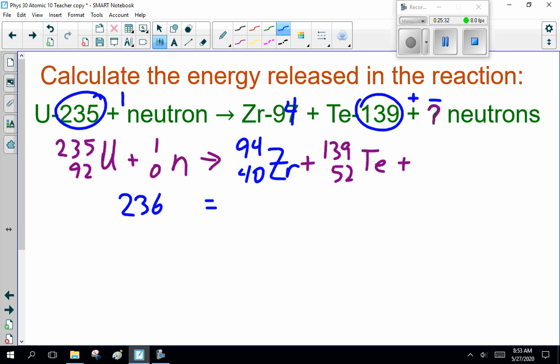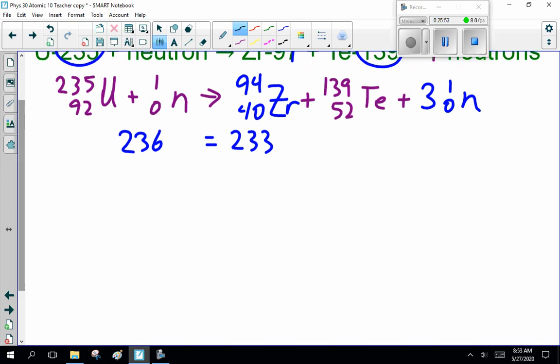And how many nucleons do we have over here? 94 plus 139 is 233. Oh, he's right, it is 3 nucleons. I hate getting old. I apologize, ladies and gentlemen. Anyway, let's see if I can screw this up again.